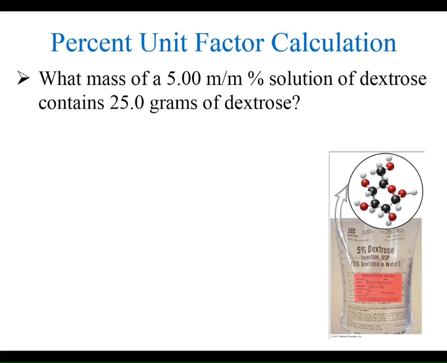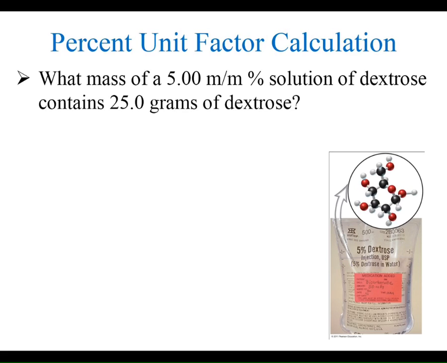How many grams of solution do you have to give them to ensure they get 25 grams of the solute? So I'm trying to relate dextrose, the solute, to the whole solution.